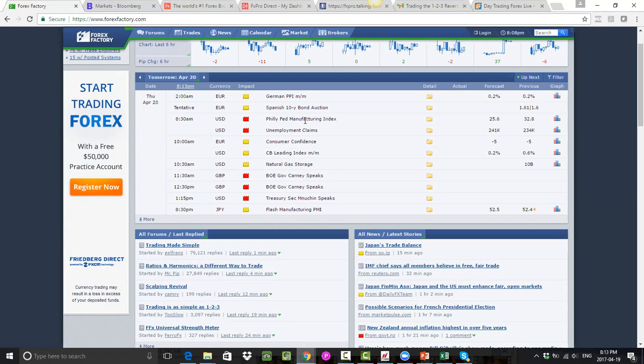The market was factoring in another interest rate hike in June, but as a result of the negative data coming out, the chances of that hike in June have started going down, and as a result we are seeing a negative impact on the US dollar. So keep that in mind.